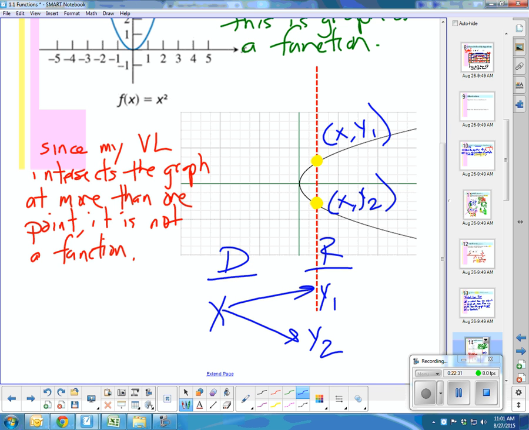And so there's my justification for why the vertical line test works. If I intersect the graph at 2 points, those 2 points have the same x coordinate, the same domain element, but two different outputs, violating the definition we started with about 20 minutes ago, one to one.